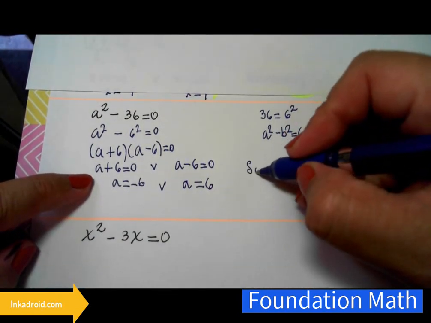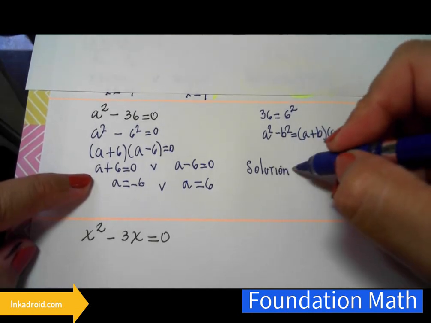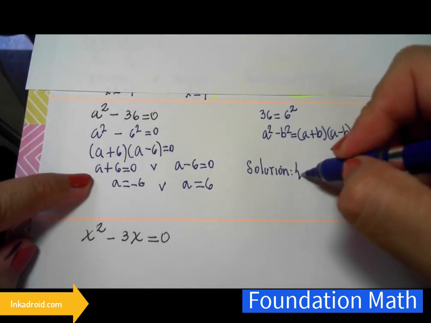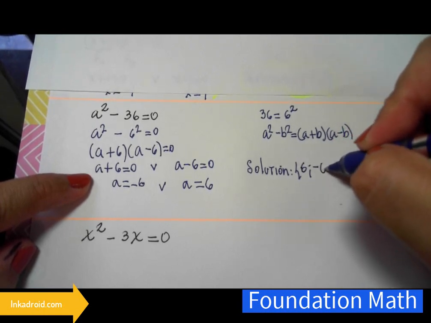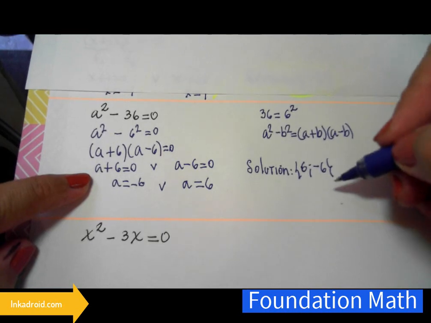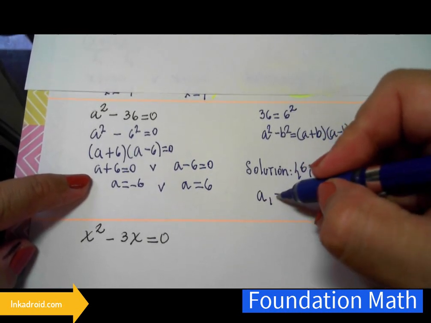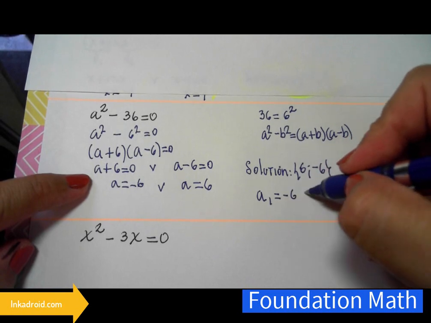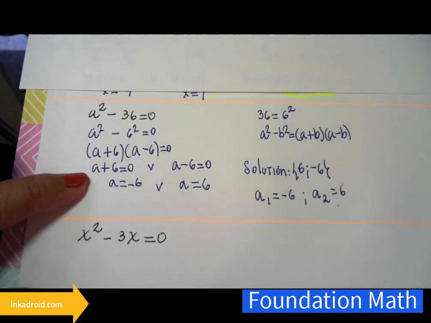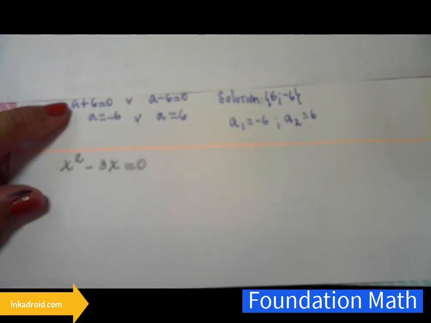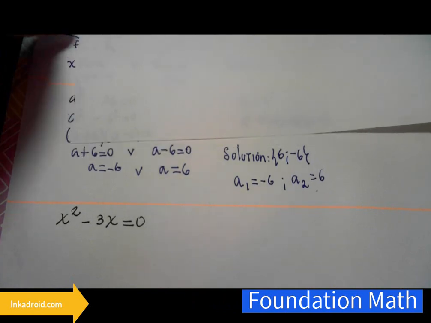So the final solution is that the values are 6 and negative 6. It doesn't matter the order. You can write negative 6 first and 6 after. So a1 is equal to negative 6 and a2 is equal to positive 6. It doesn't matter the order, okay?